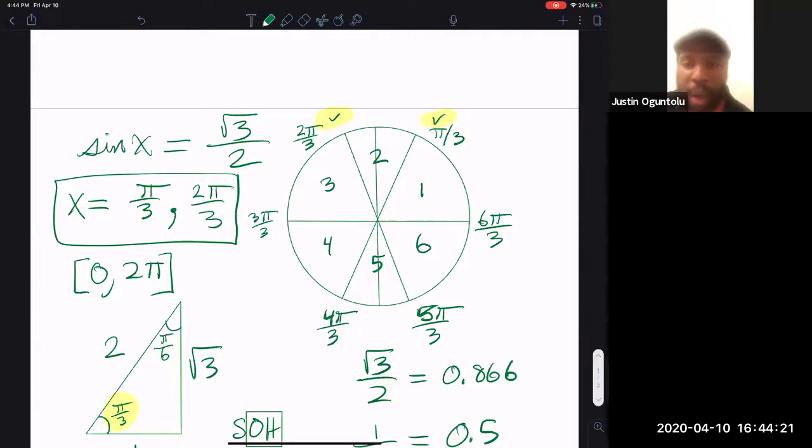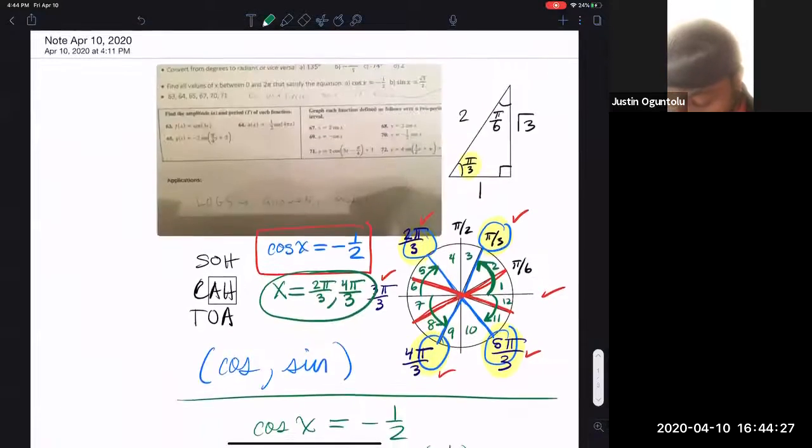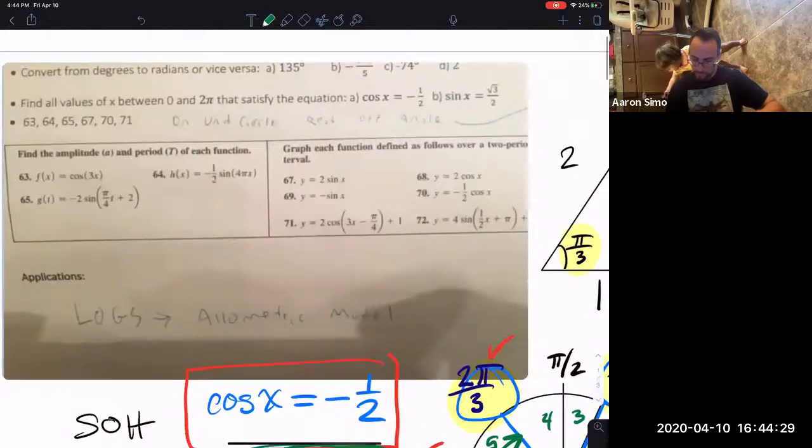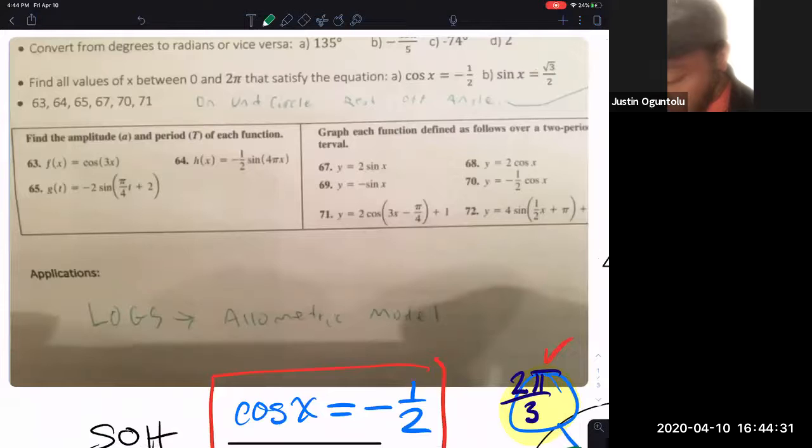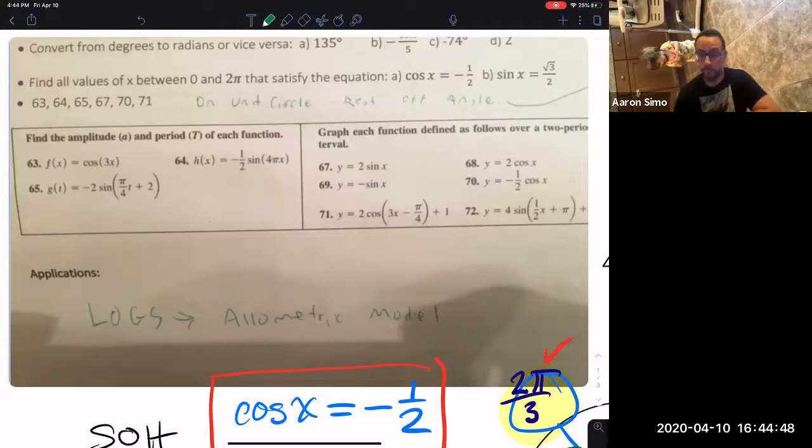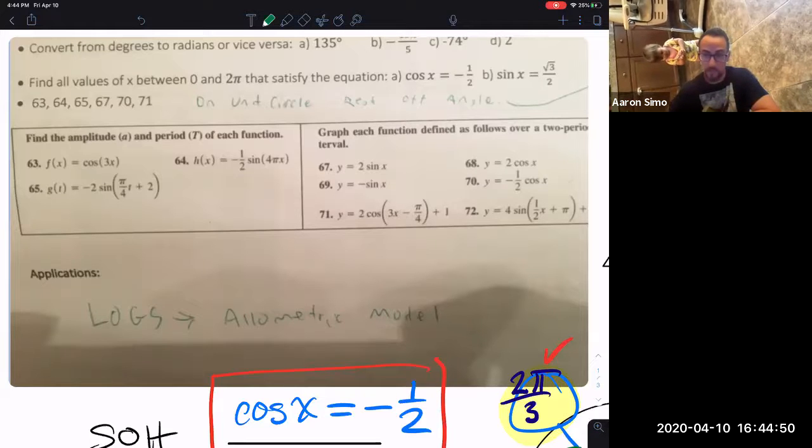Cool. Oh, you see on the right where it says graph each function defined as follows over a 2-period interval? When it says 2-period interval, is she just saying that when I sketch the graph, my repeated pattern is gonna be 2 pi? Or like period 2? No, that's not correct.